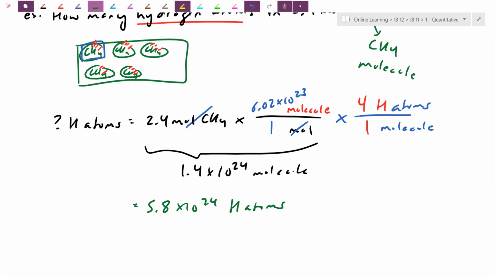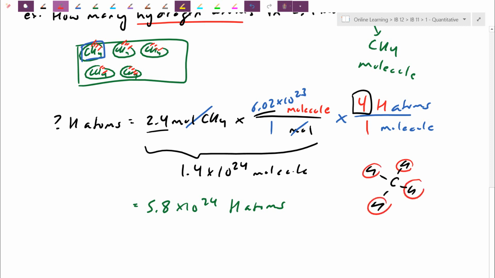Now, a question on sig figs here. This one here has 2 sig figs. Avogadro's number looks like 3 sig figs. Perfect. This number here looks like it's 1 sig fig. Should I, at this point, round to 6 times 10 to the 24? The question here is, well, where did this 4 come from? How sure are you that this is 4? Although we haven't done this chapter yet and actually drawing it, if I imagine a blob of CH4, how sure are you that there are 1, 2, 3, 4 H atoms exactly?